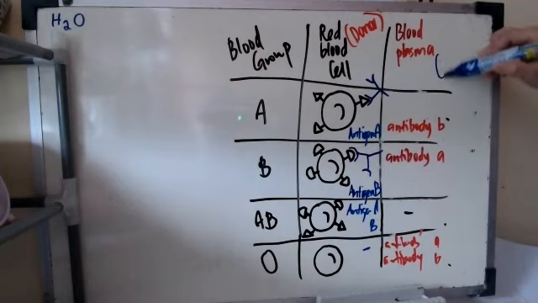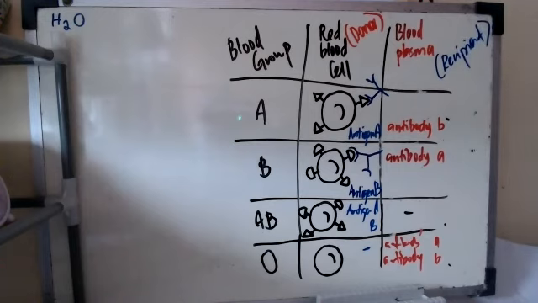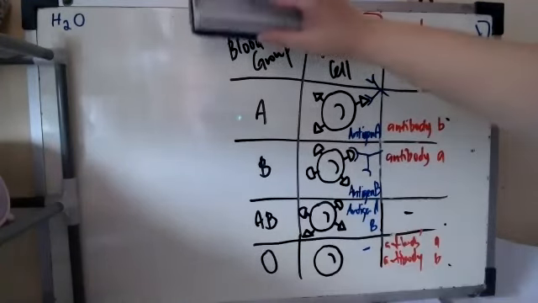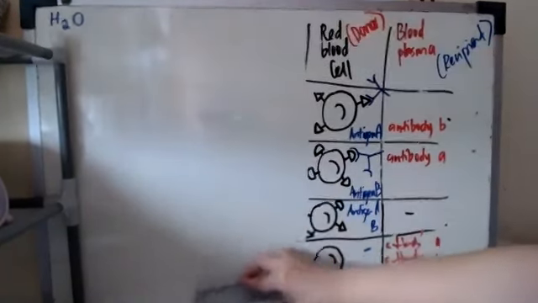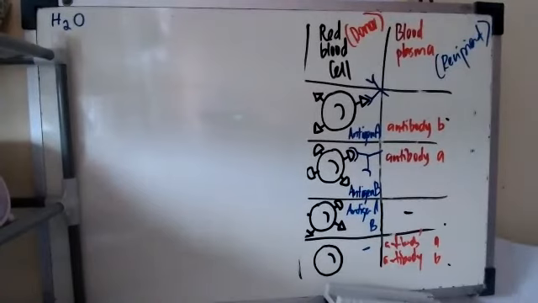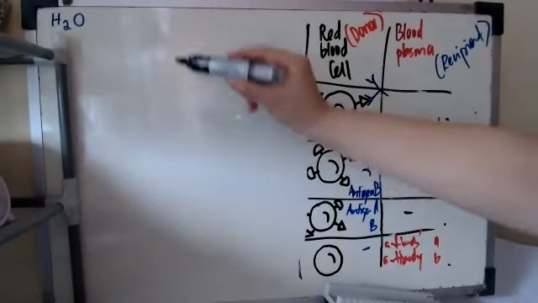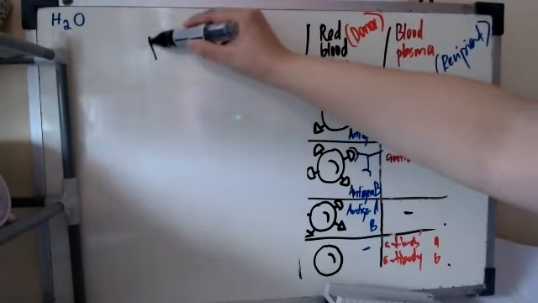For the recipient, you look at the blood plasma's antibody. So let's start off with the recipient.